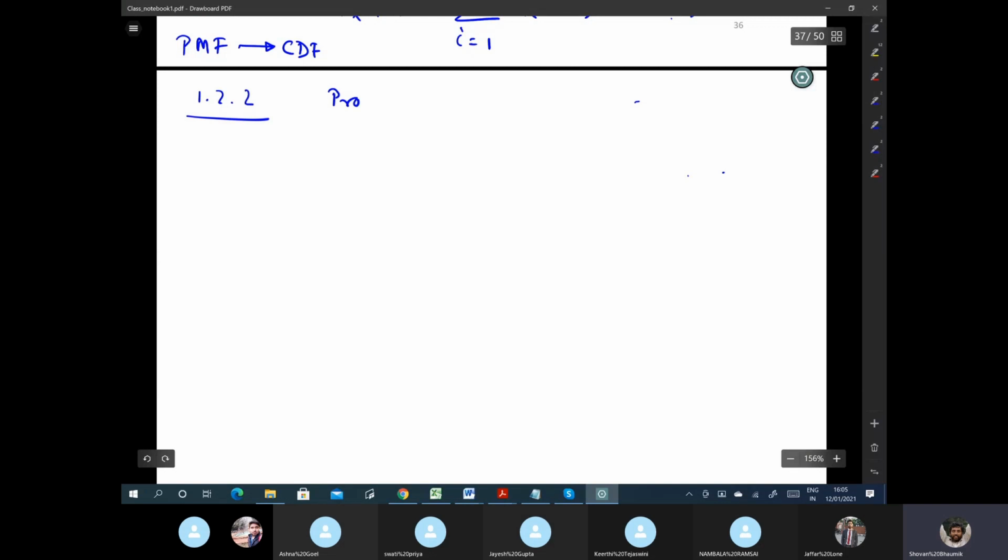CDF we generally don't use much in our stochastic process, but probability density function we use the most. And whenever I ask some question in an interview, it seems that the student knows, but there are some misconceptions. Probability density function, what is that? We call it PDF.